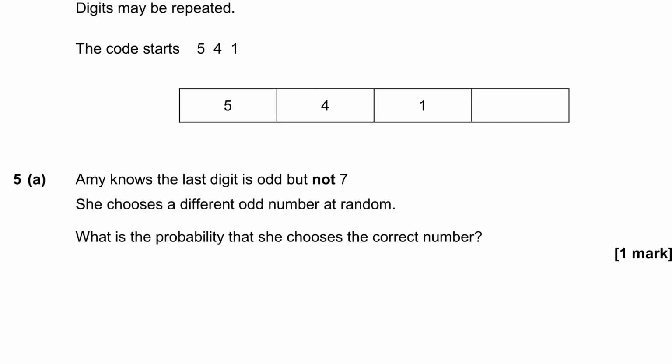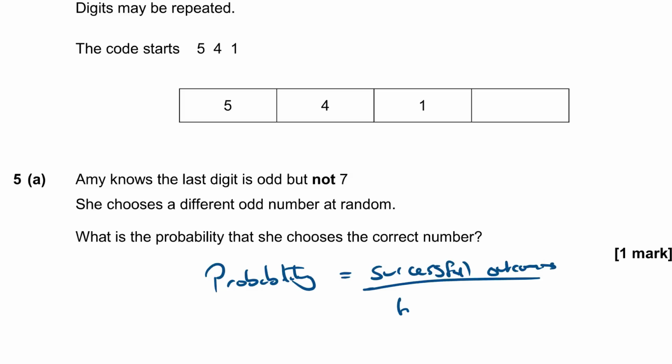Okay, well, we know that probability is equal to successful outcomes over total outcomes. Now in this case she knows that the last digit is an odd number.